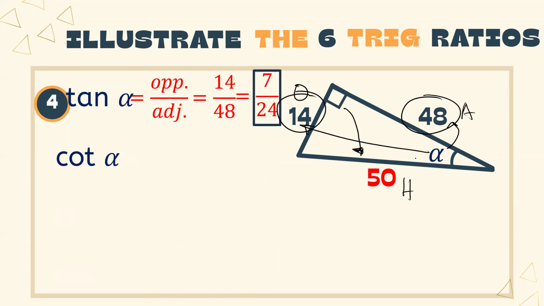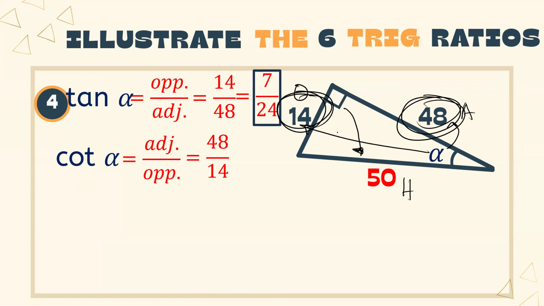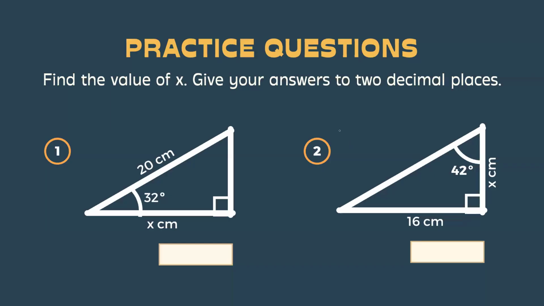Then cotangent alpha is adjacent over opposite, that's 48 over 14, that's 24 over 7. Very good.